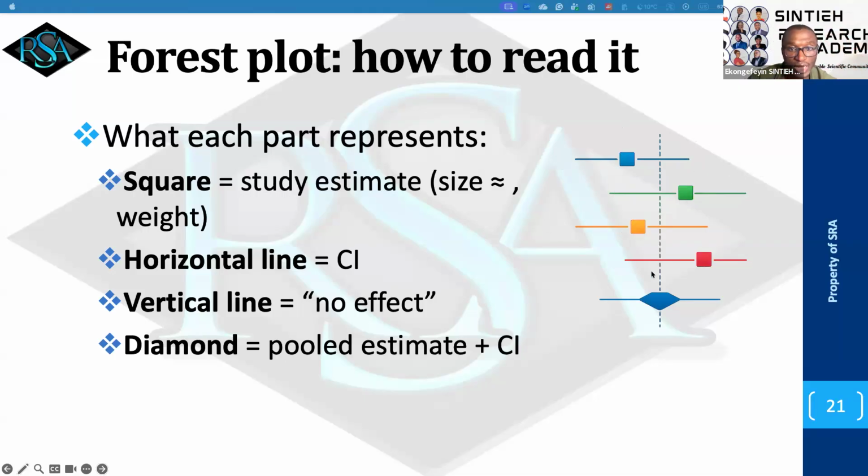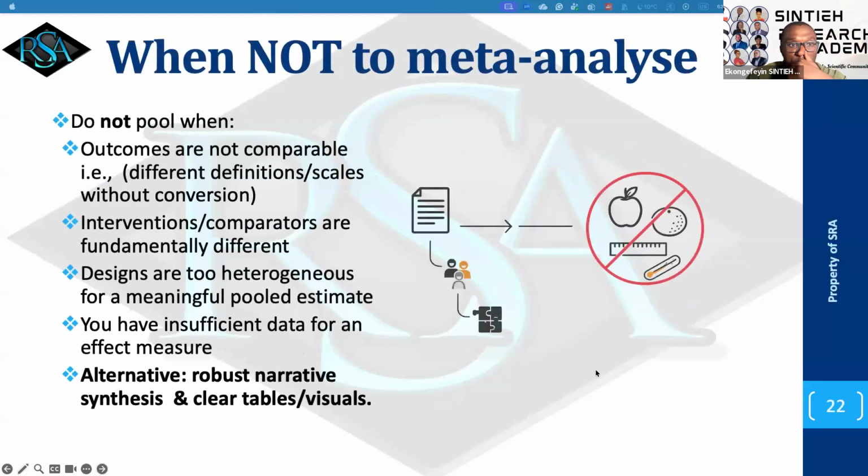And then the diamond at the bottom tells us basically the pooled effect, the effect from all of the studies. This is the effect from one study, one study, one study, and when we combine all of them, it gives us a diamond. That's why in the first image you had a diamond there, because I was trying to pull your eyes to this. But that's how you do it.